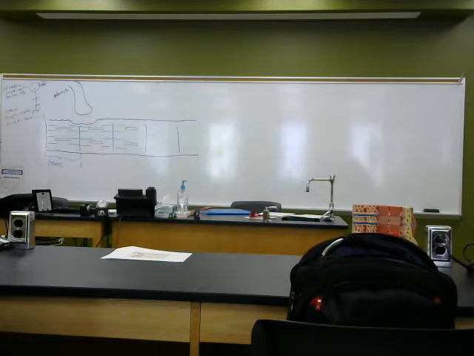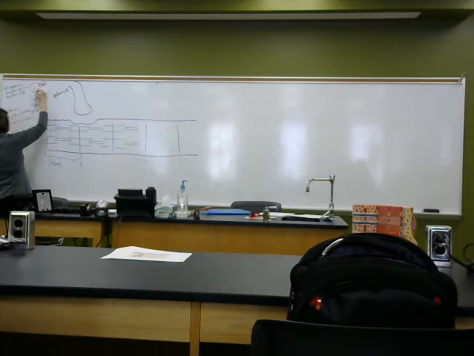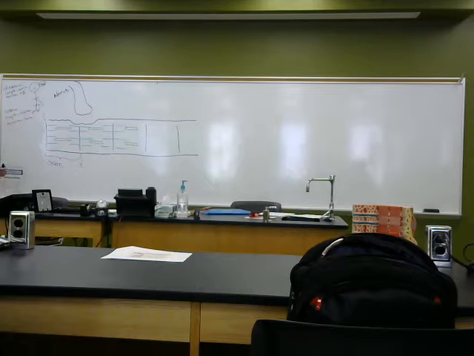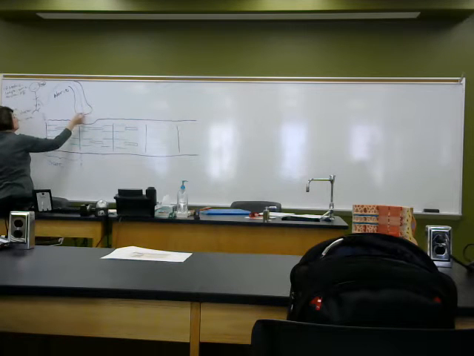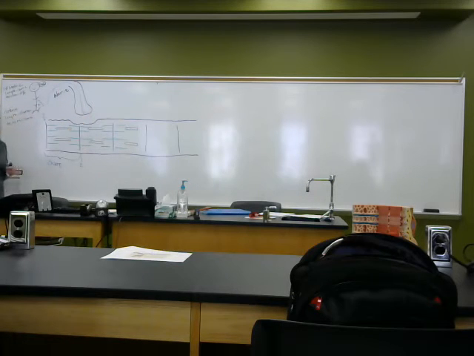Up here in my brain, I've got this stuff happening because I'm thinking, and that's going to send an impulse down my spinal cord, out by way of my spinal nerves, which are going to make it to this nerve that's meeting my muscle fiber.